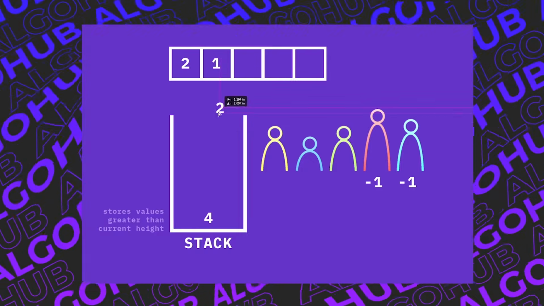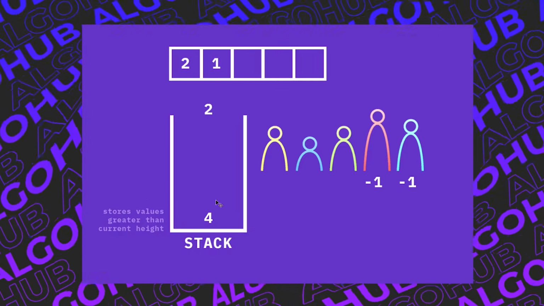Next, let's deal with this 2 here, which pertains to this green person. Obviously, we can see that the answer for this is going to be 4, because the person of height 4 is greater than this person of height 2. So we realize 4 is the top of our stack, which means that this is the next greatest element greater than this 2. So we can easily just put the 4 here, which is our answer, and we can put 2 into our monotonic stack.